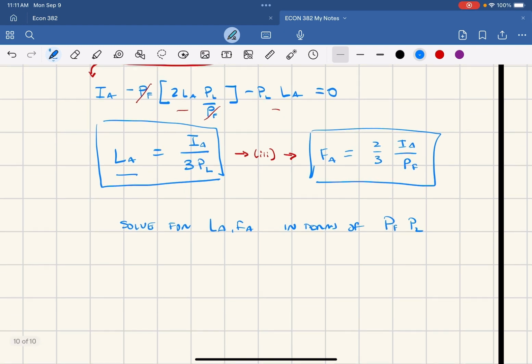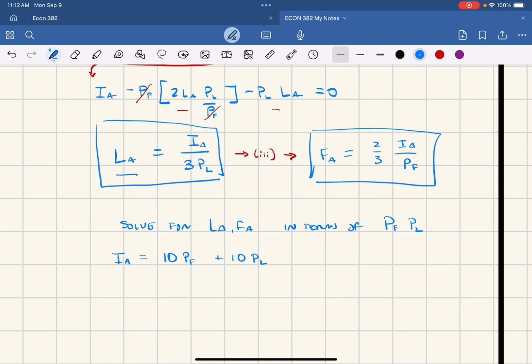Okay, and so this is where we're going to look at the initial endowment. And so we know that the income of Adam, and this is coming from our budget constraint, is if he were to sell all of his initial endowment at the price of figs and sell all of his leaves at the price of leaves, that would be the amount of income he has.